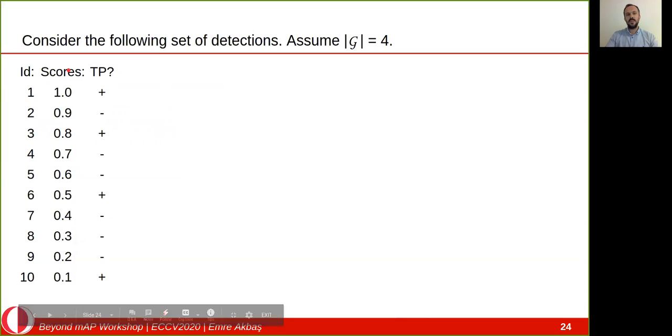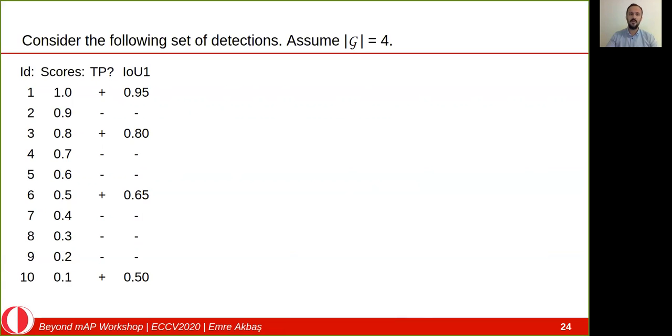Let's say we match these detections to our 4 ground truth boxes, and suppose the first, third, sixth, and 10th detections are matched with ground truth, so they are now true positives, and the rest of the detections are false positives. What we need next is the intersection over union between the true positive detections and their ground truths. Let's assume this is just one case. The intersection over union values are like this.